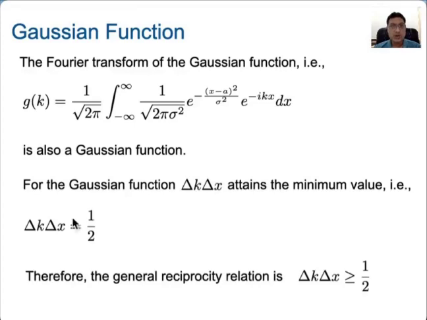Now we can use the reciprocity relation and put a bound on the value of this product: this product cannot be smaller than half, because the smallest value, which is half, is only possible for the Gaussian function. So for any other function, the product must be larger than or equal to half.